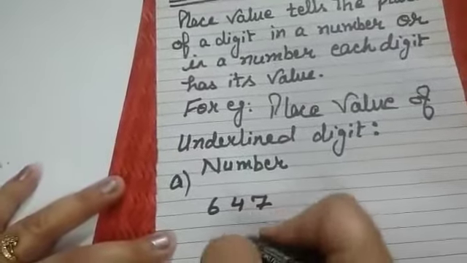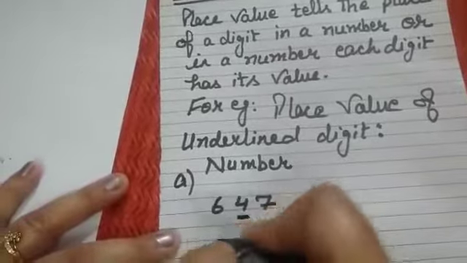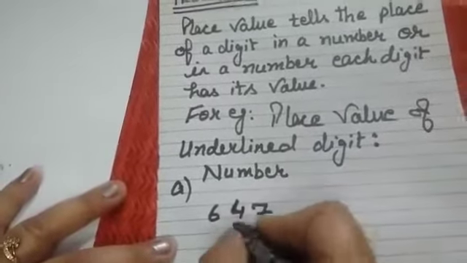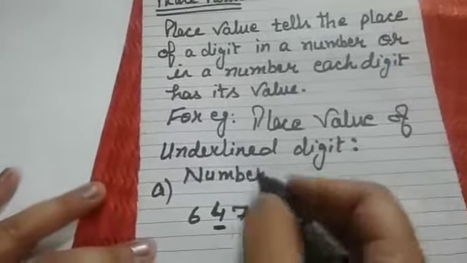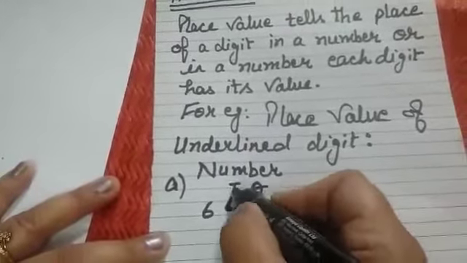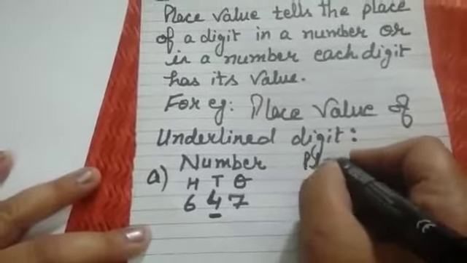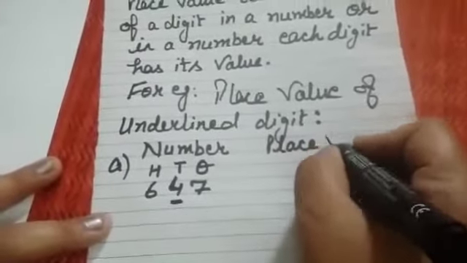647. Here I will put line here 4. First of all, write the places on the top: ones, tens, hundreds. Now tell the place value of underlined digit.